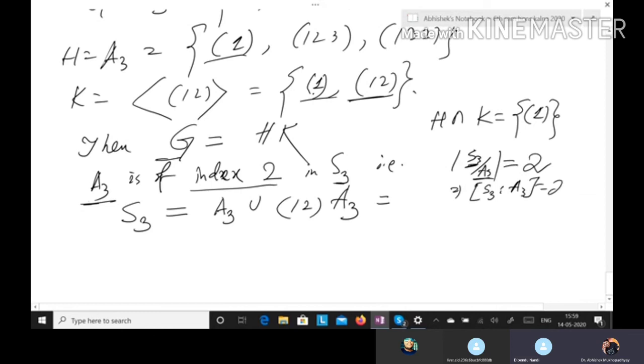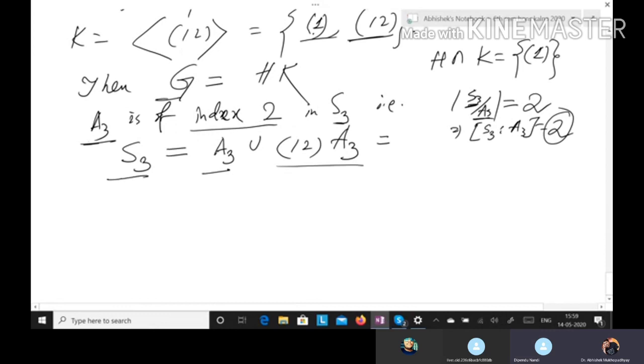What does index mean? The index of a subgroup in a group is the number of left cosets, or right cosets, of that subgroup in the group. So here, the number of cosets of A3 in S3 is 2. One coset is A3 and the other is (1 2)A3.